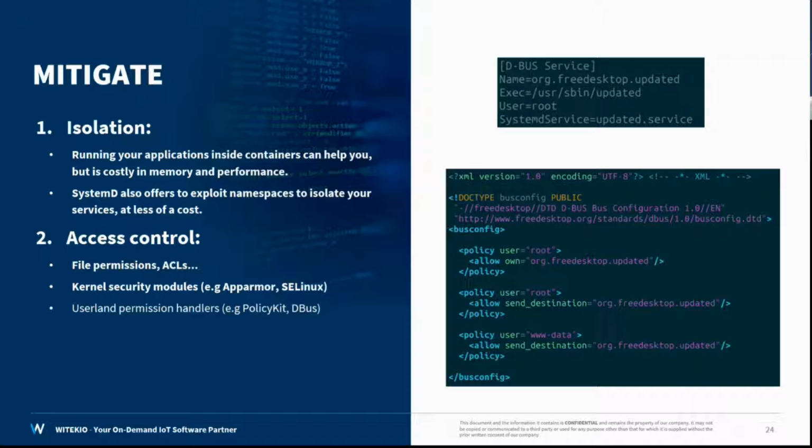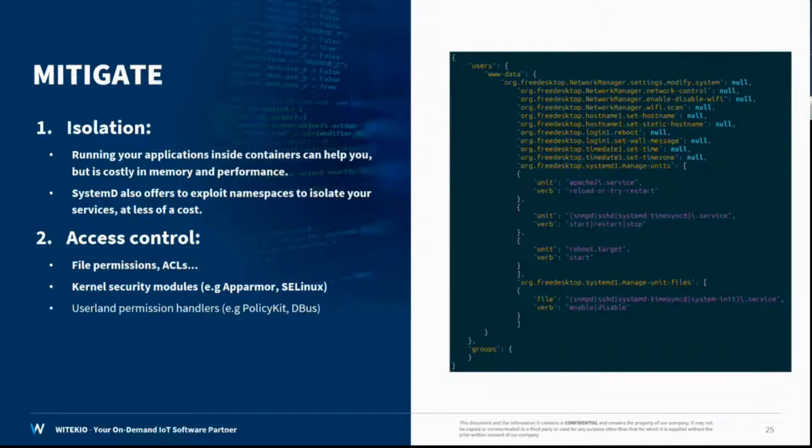And here's an example of how dbus can be configured to give access to a service, to an interface, to a given user or group. And to go further, you can also use polkit. What you see here isn't a polkit configuration, it's a cpolkit configuration, cpolkit being a lighter implementation of polkit we use here.